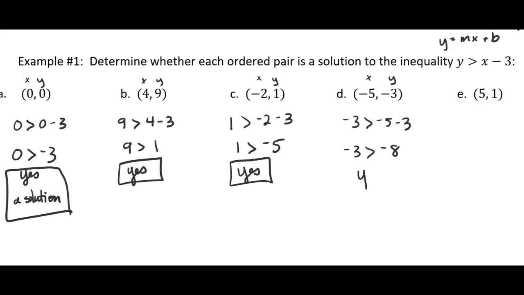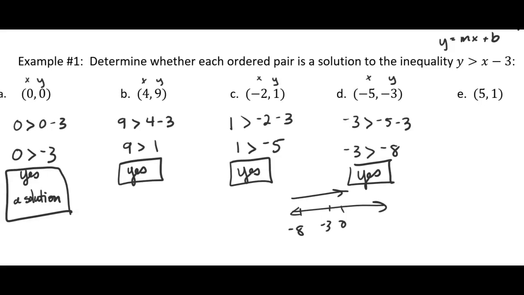Yes. You have more money in the bank if you have -3 than if you have -8. We don't have any money, but don't think of it that way. -3 is closer to 0 than -8, so therefore -3 is a bigger number. You can do that on a number line. Here's 0, here's -3, here's -8. The numbers get larger as you move to the right.